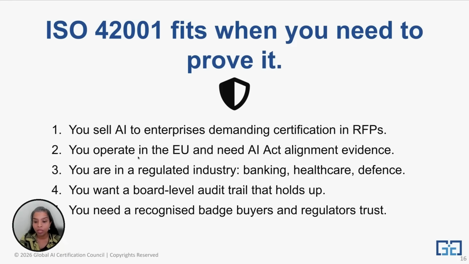If you operate in the European Union and need AI Act alignment evidence, then we need ISO 42001. If you are in a regulated industry like banking, finance, healthcare, defense, then you need ISO 42001. If you want a board-level audit trail, that also needs ISO 42001. If you need a recognized badge that buyers and regulators trust, ISO 42001 would be very helpful.